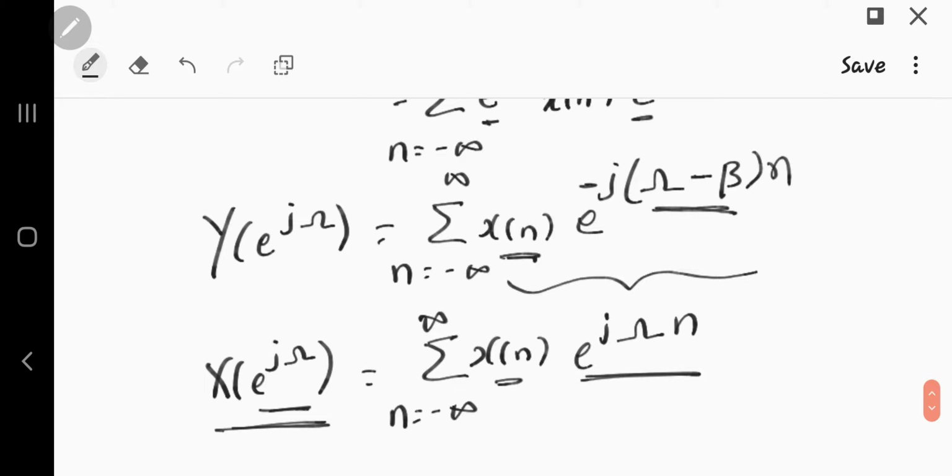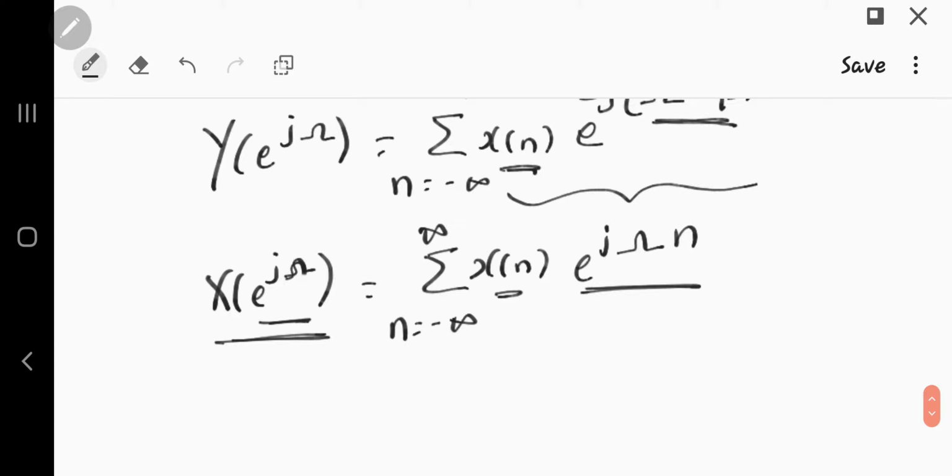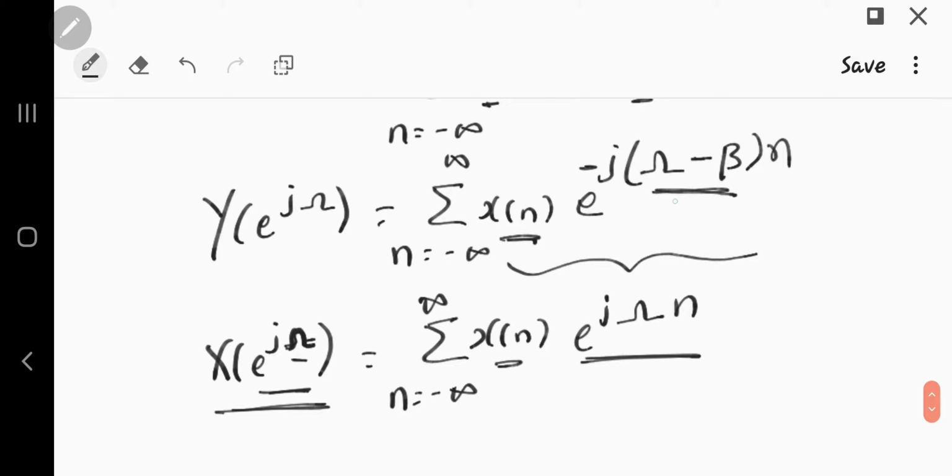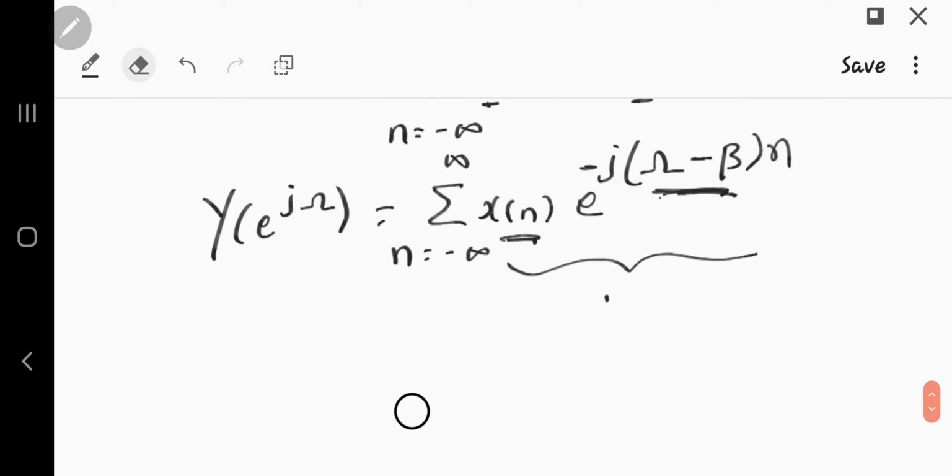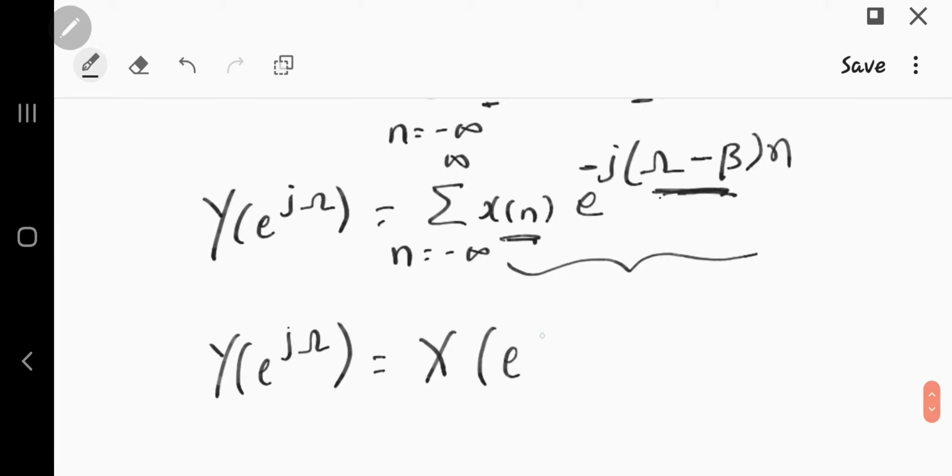That means we can write this as a shifted version in the frequency domain. That means omega can be replaced by omega minus beta. Comparing this, we have omega minus beta here, we have omega there. So that's why this is nothing but X of e power j, in place of omega, we have to replace this term. So that will be the justification for this expression. So based on this, you can write Y of e power j omega is equal to X of e power j omega minus beta.